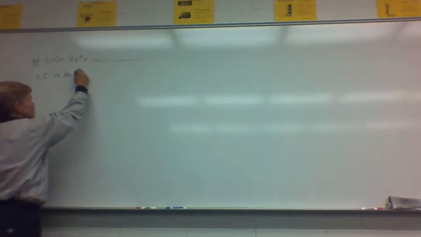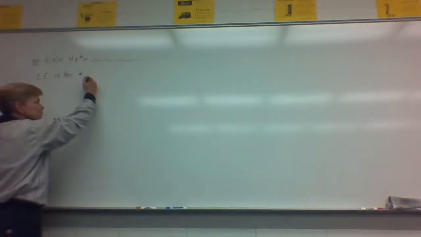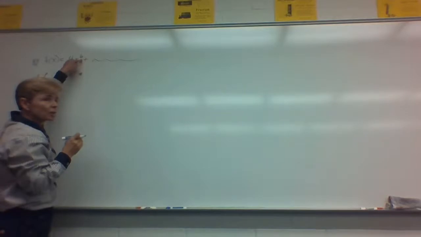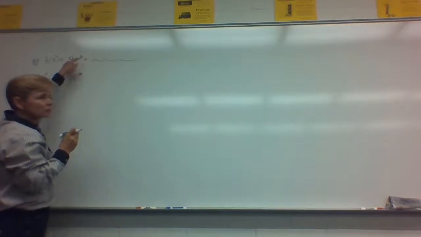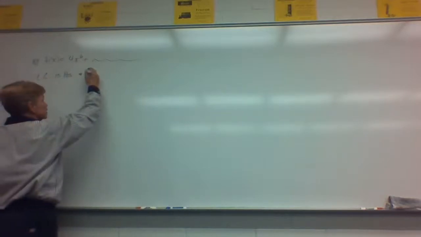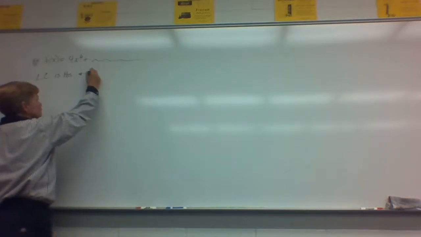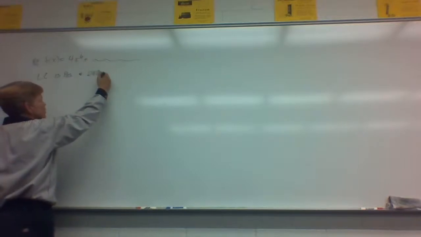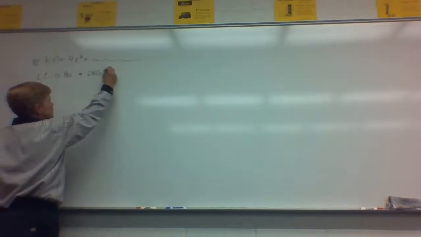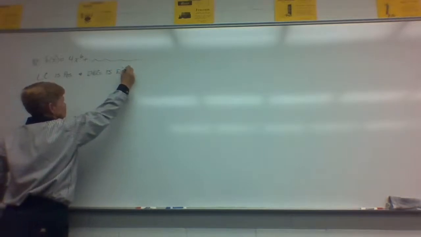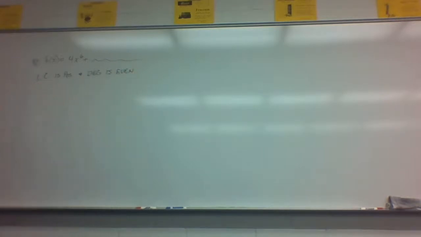And along with that, you have to observe whether the degree of the polynomial, which is the degree of the highest term, which we assume is on the front right here after we put it in order, is odd or even. And the degree is even.